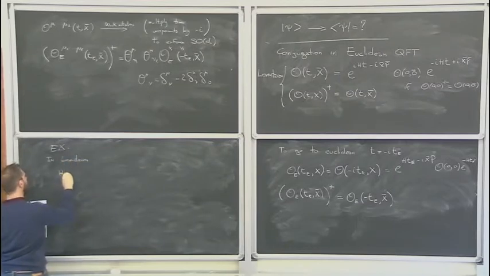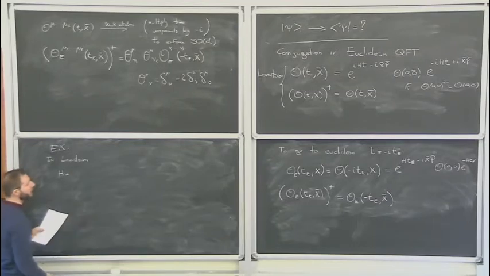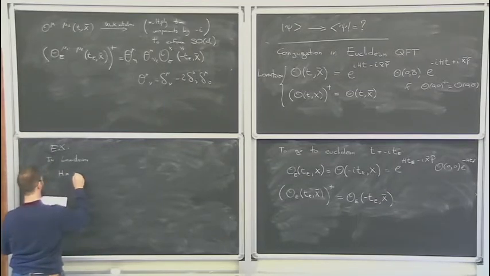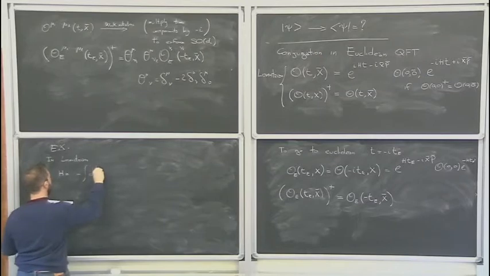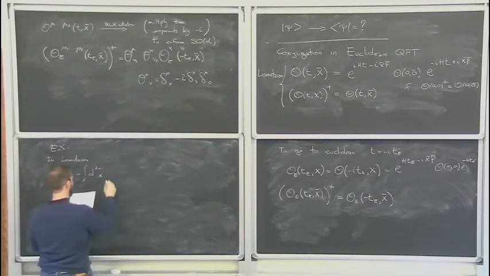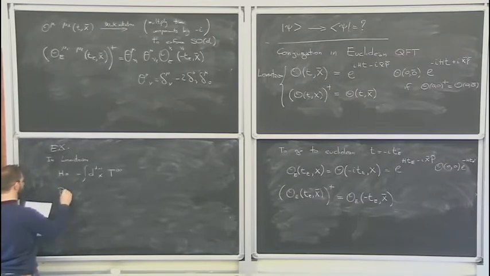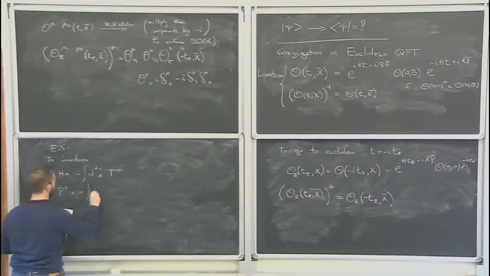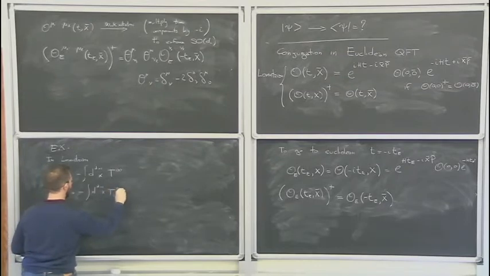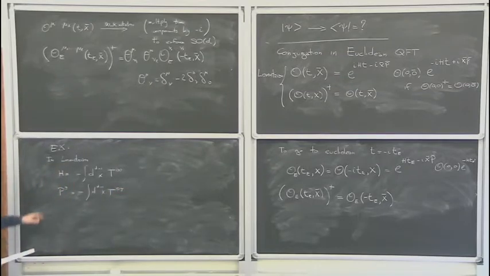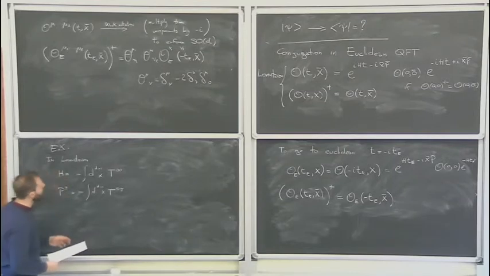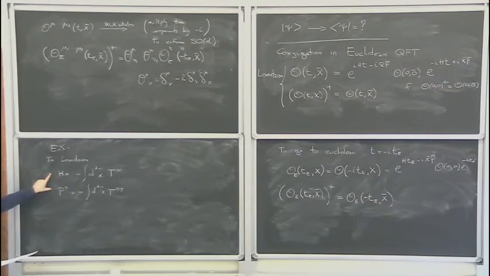You have the Hamiltonian, which is defined through the energy momentum tensor with an integral d^(d-1)x of T00. Instead P_j, the momentum, is defined through the same integral, but of the component T0j. And then, depending on which direction you take to Wick rotate, you might have different effects.